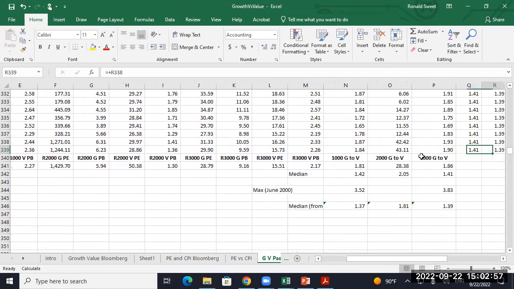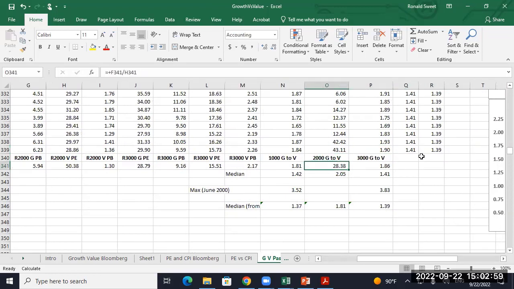The normal is 2 times. The most recent is 28 times. So yeah, there's no reason to buy small cap growth right now. There's just something bizarre going on with that index. The 3000, you combine the 1000 and the 2000, so it's just all stocks. And I really love small cap value.